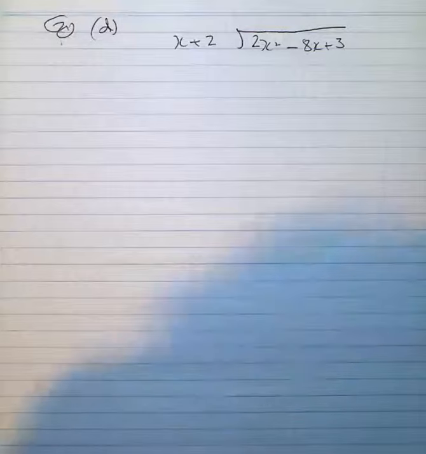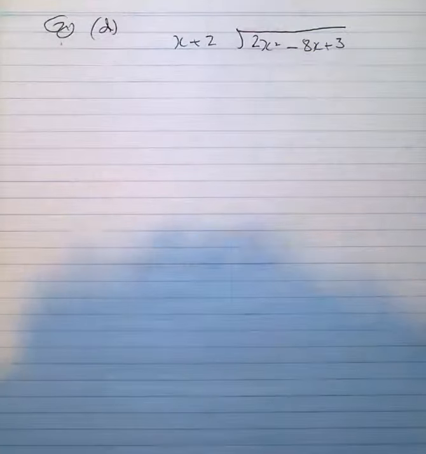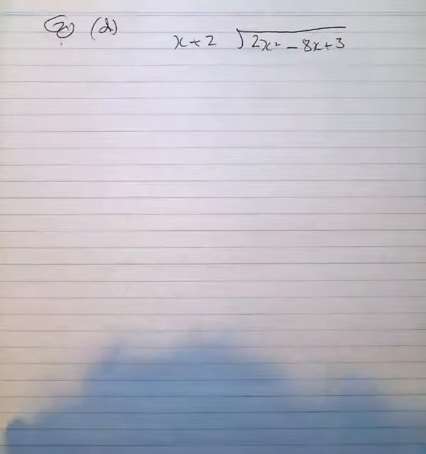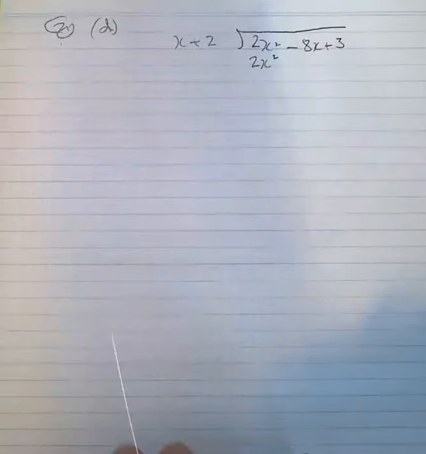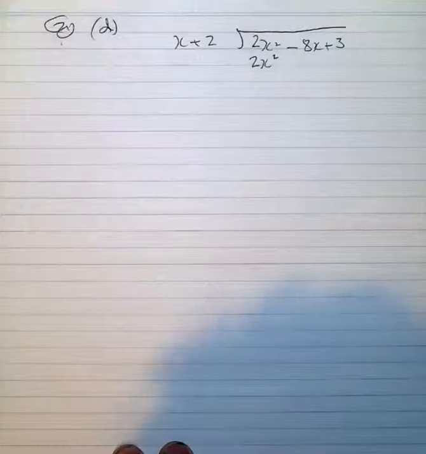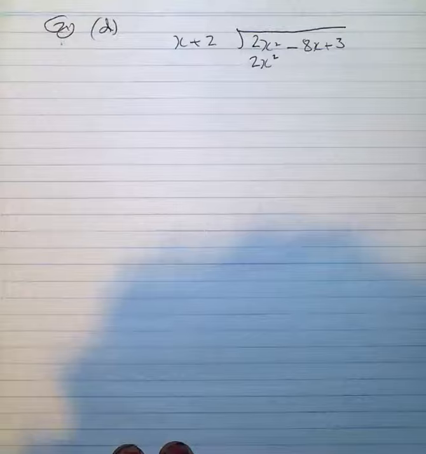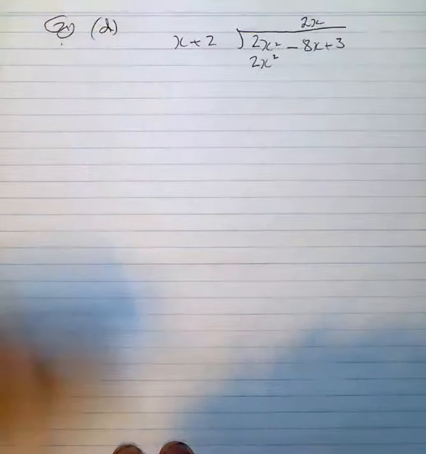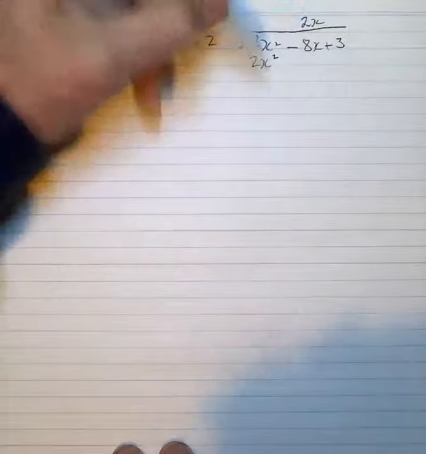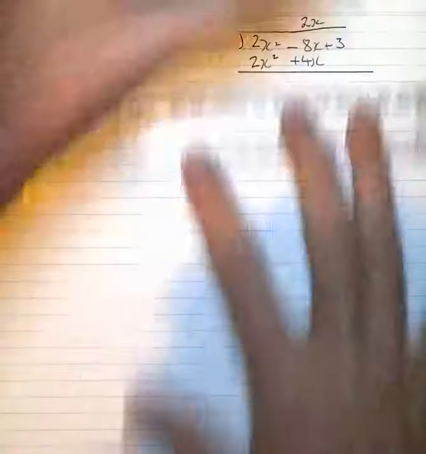Continuing now with D, I've got x plus 2 into 2x squared minus 8x plus 3. First thing I do is to bring down the 2x squared, and I ask myself, what did I multiply x by to get 2x squared? And the answer is 2x. I then multiplied 2 by 2x, which gives me positive 4x. Rule off and work down the page.